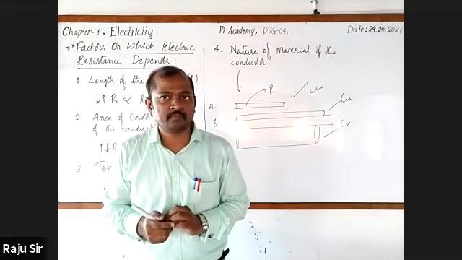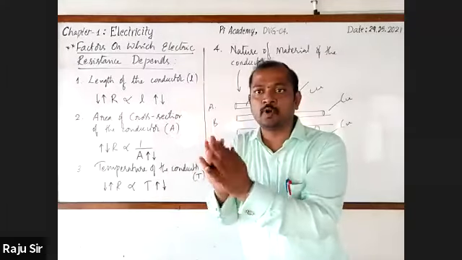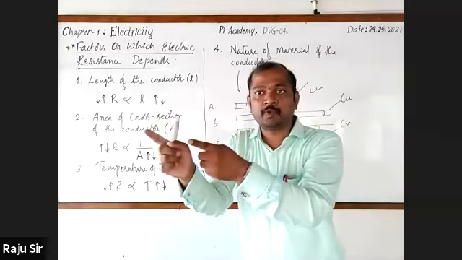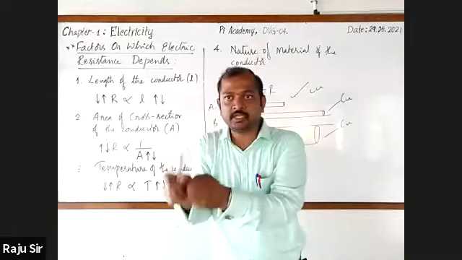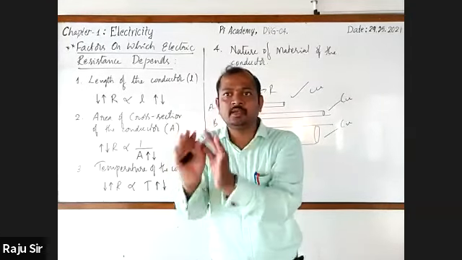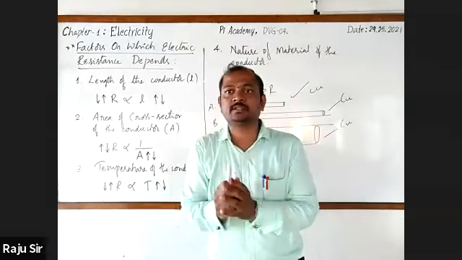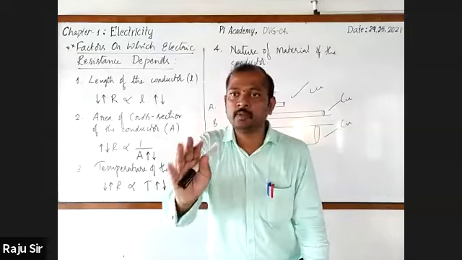Are you all following? Listen, the capacity to oppose the flow of electrons is different from one material to another material. But if you take only one kind of material, irrespective of its length and thickness, its opposition will be same.